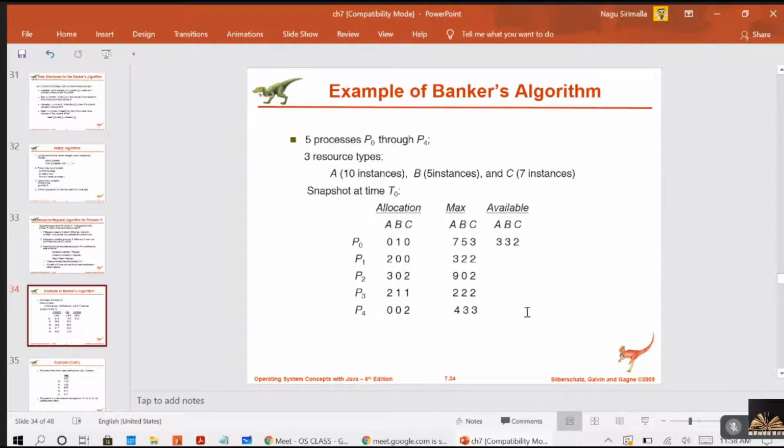Now initially the system has resources. See, P0's allocation is this, the maximum is this, and the available is this.